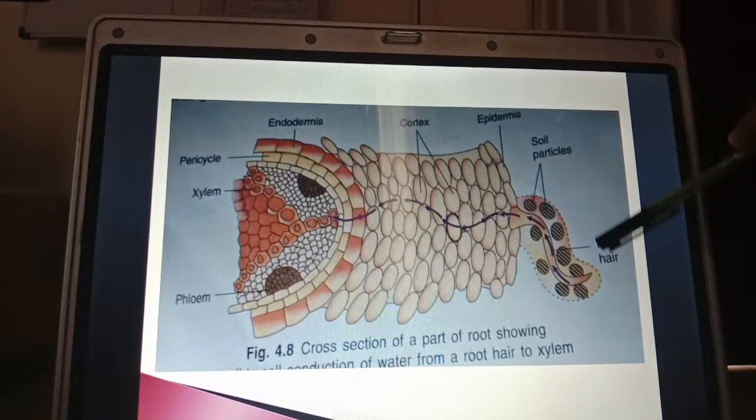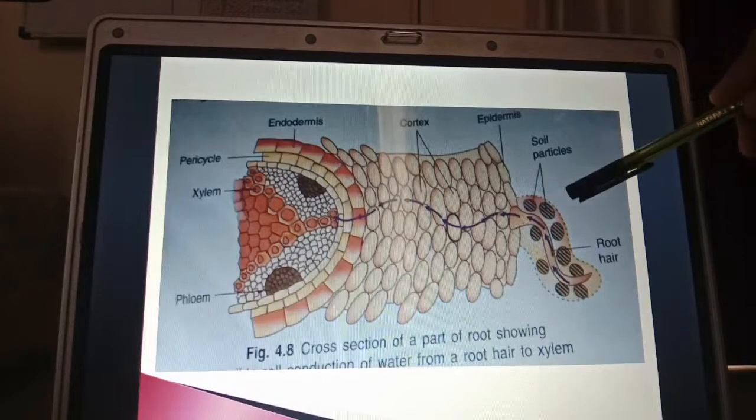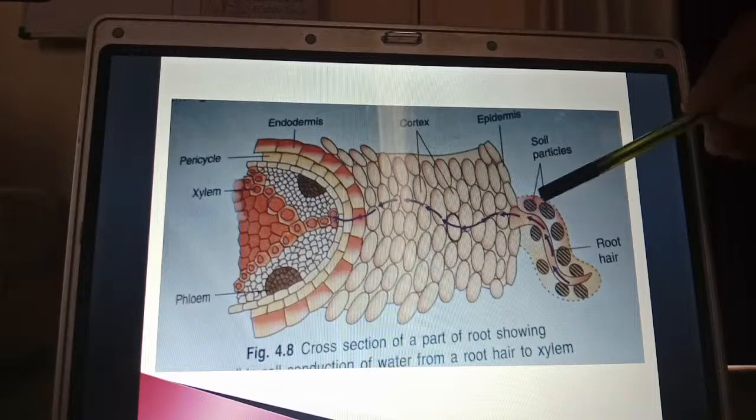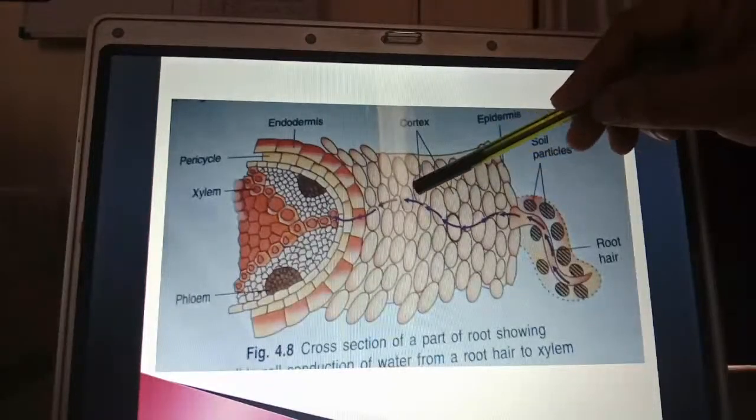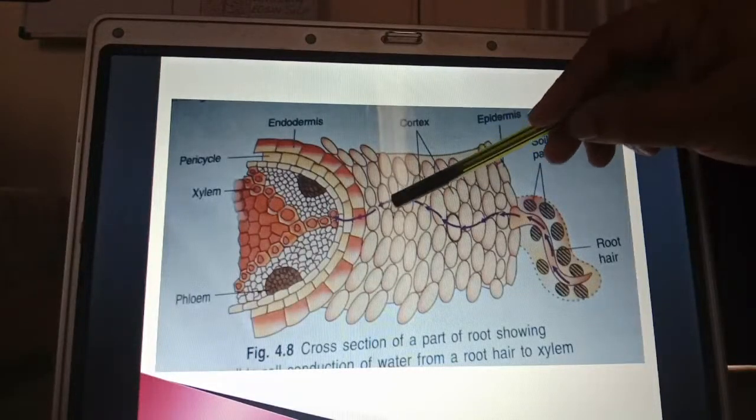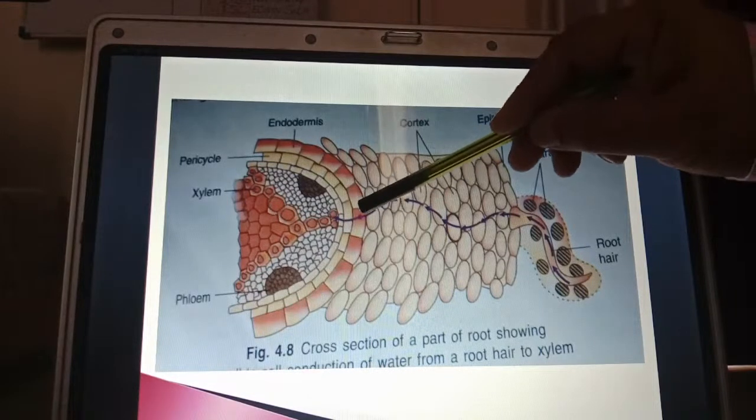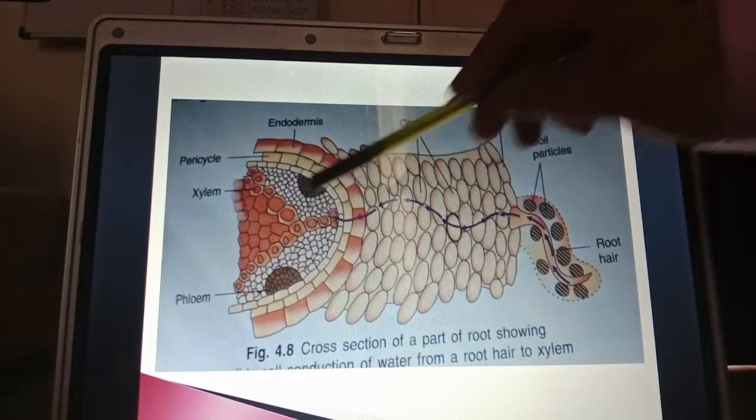You can see here these are the soil particles near the root hair. This is the channel through which the water particles will move, from the root hair to the epidermis, then through the cortical cells, through the endodermis and the pericycle into the xylem tissues.